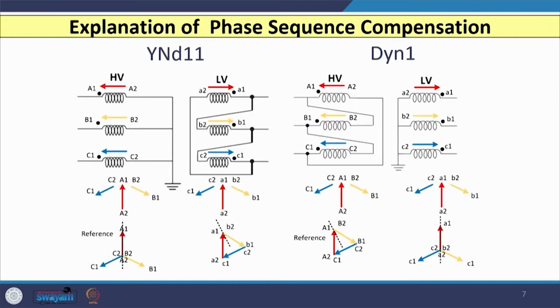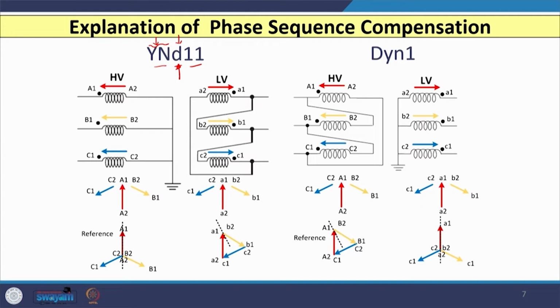Now, with this background, let us check one more thing: what is the similarity between the two windings. If I consider star grounded delta 11 connection, this is your HV winding, that is star grounded, and this is your LV winding, that is delta, and 11 is the phase shift that exists between the two windings.